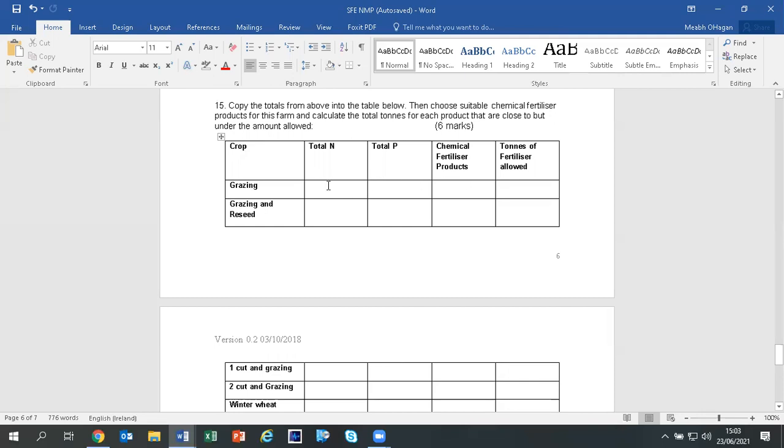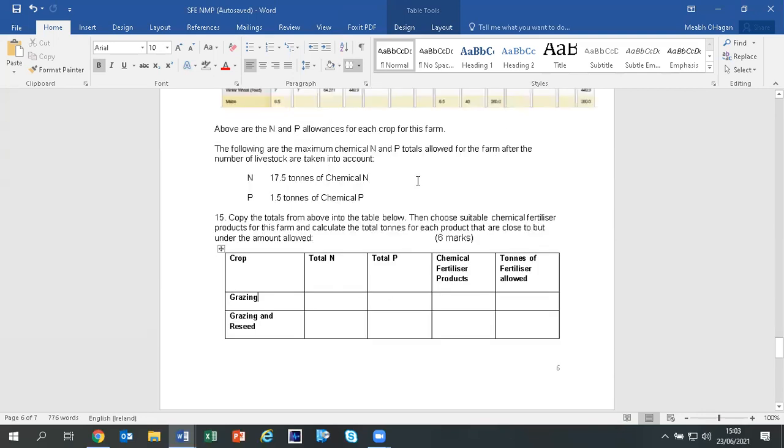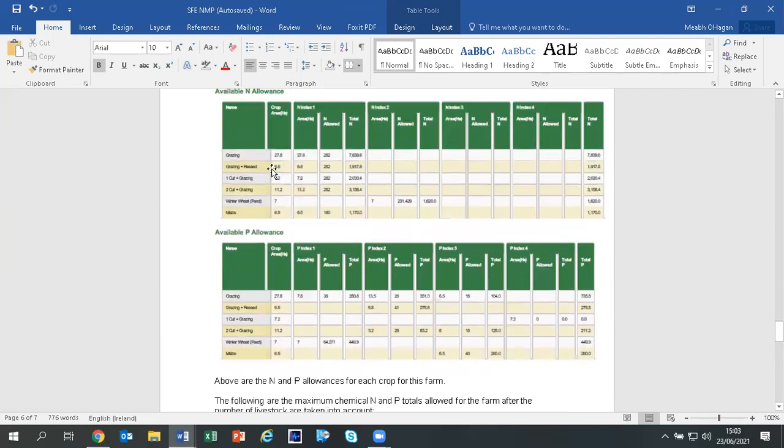The first thing that we need to do is go to the grazing ground and find out what the total nitrogen and the total phosphorus are. So if we scroll back up, we get to our grazing ground. It is telling us how much ground is grazing only: 27.8 hectares.